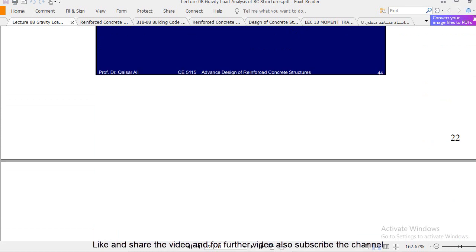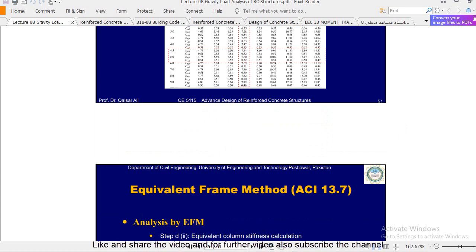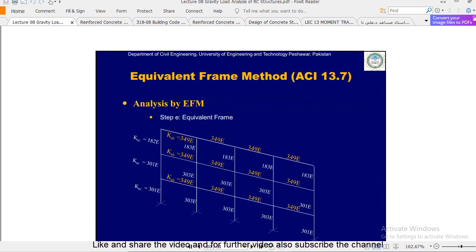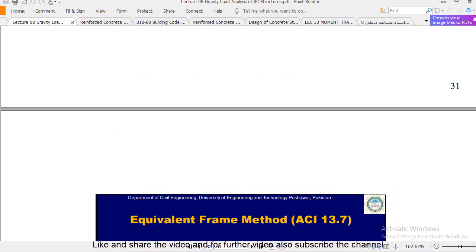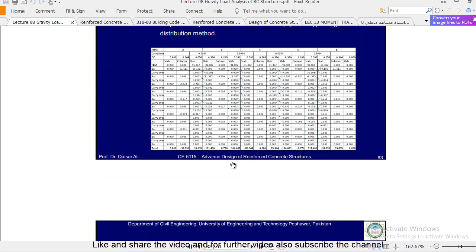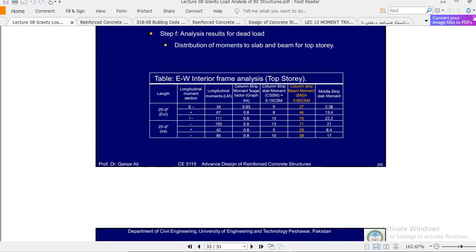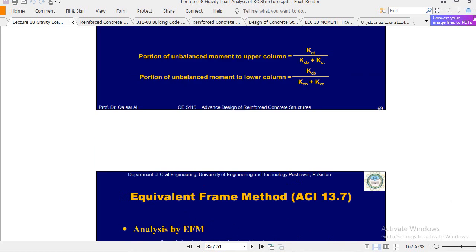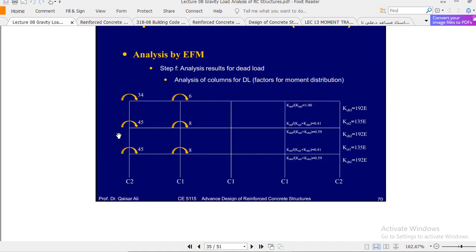When we did the equivalent frame analysis and completed the moment distribution table, we got the unbalanced moment directly from the table.